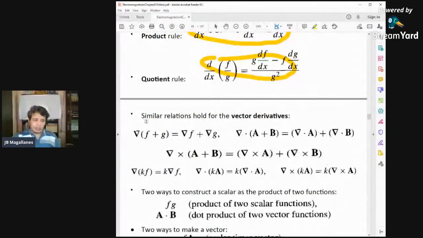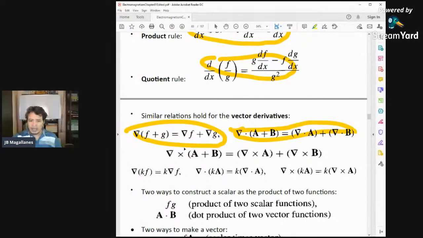In similar fashion, you also have rules for vector derivatives. For the sum, of course, we know this already. And we know this also. You can distribute the del to the vector. And here, the del of kf will just be k, since k is a constant.